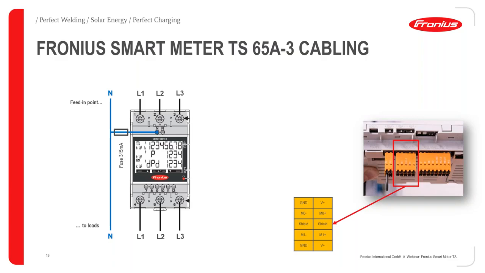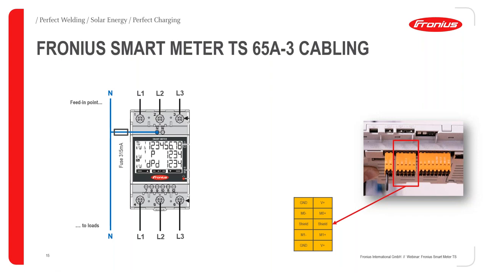We start with the Smart Meter TS 65 amp three phase. And as I've shown you before, we are coming in from the grid with our three phases, and down below we go to our loads. Above our display we have a connection point for the neutral. We have also pointed out a fine fuse, 315 milliamps.